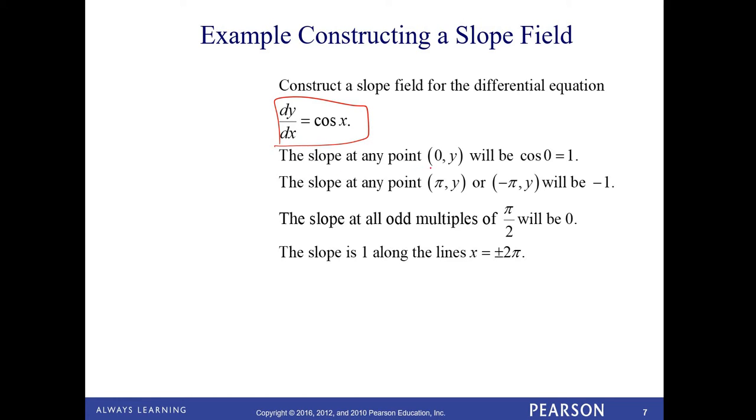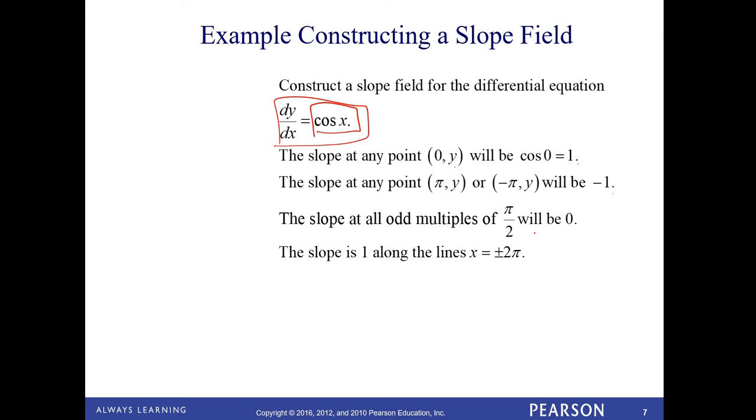So at any point (0, y), it will be where the cos of 0 equals 1. For the slope at any point where x is pi, you notice that this equation is only dependent upon the x value. So any point where x is 0, we'll get 1. Any point where x is pi, we will get negative 1.